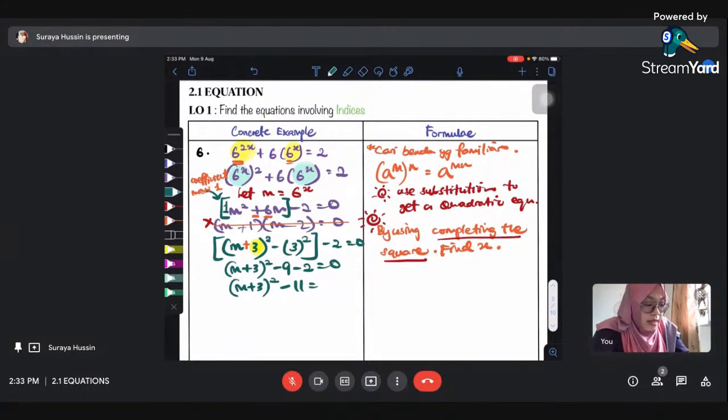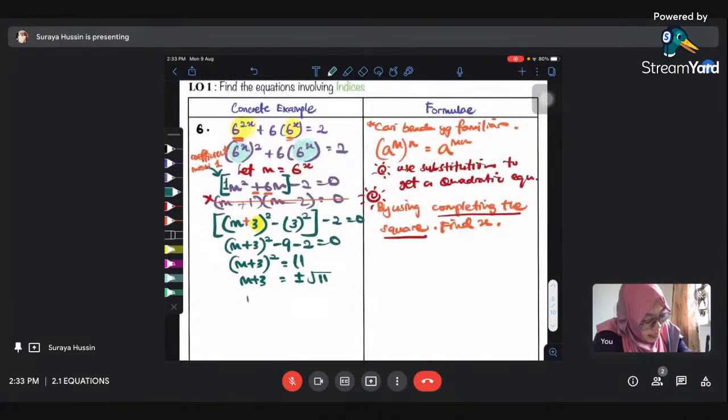So now I bring the negative 11 to the right. I'll get a positive 11 instead. Okay. And here saya jadikan m sebagai subject. Therefore, I will get positive and negative square root of 11. And then I want to make m as a subject. Jadikan m sebagai subject, I will get a positive or negative square root of 11 minus 3.